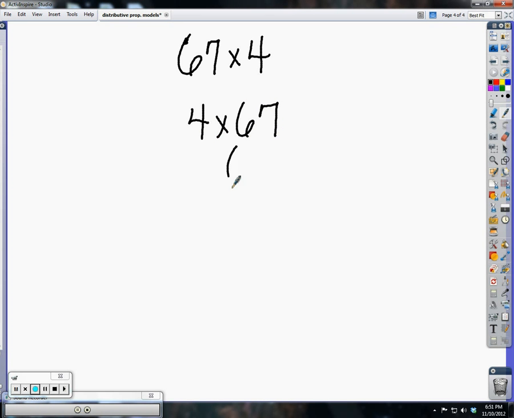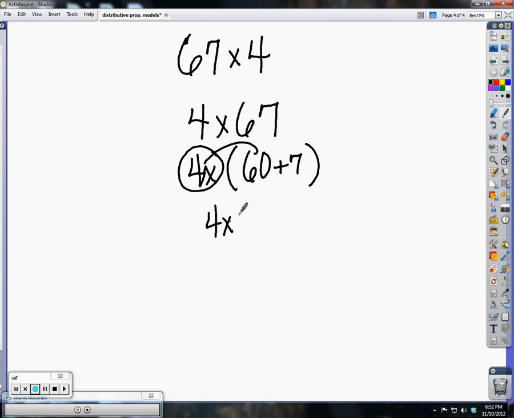So if we break down the 67 into 60 plus 7 and leave the 4 times out to the left, give the 4 times to the 60, then give the 4 times to the 7, or distribute it.